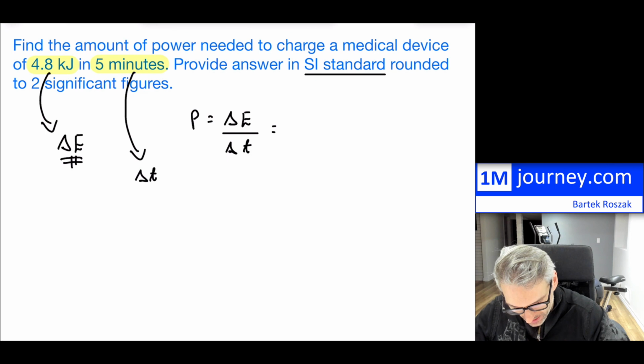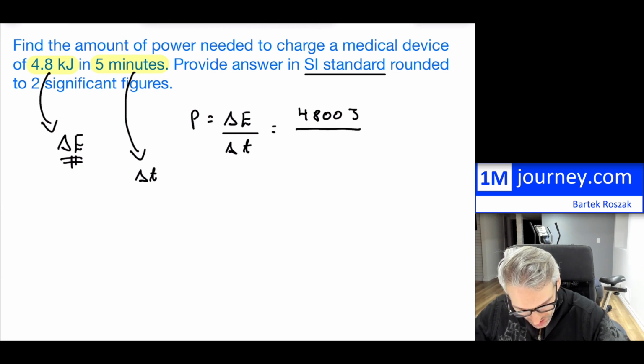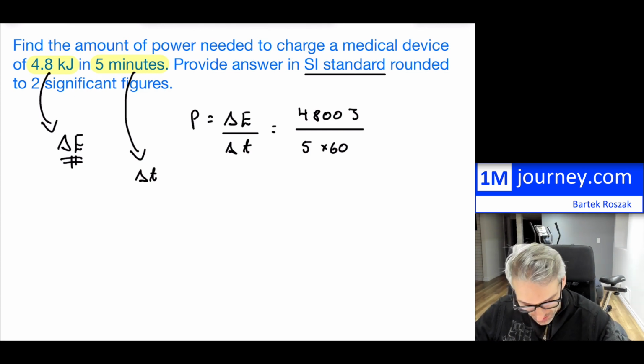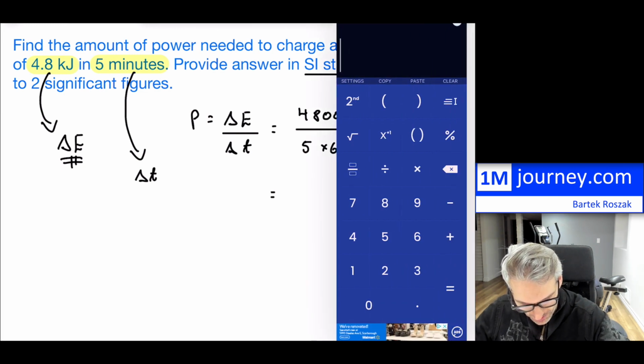So now if we want metric standard units, well, the kilo we can change back. So that is going to be 4,800 joules. So changing it back to joules right there. And then the 5 minutes, well, 5 minutes times 60 seconds is going to give us the total number of seconds, which is going to be 300. Now, once we have that, we can calculate exactly what the power is.